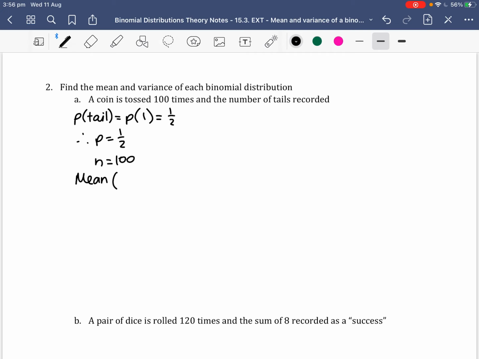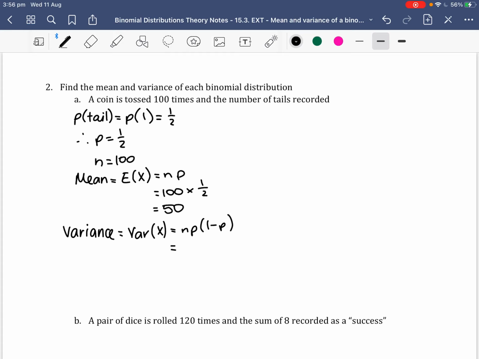So the mean, which is E(X), is equal to np, which equals 100 times a half, which equals 50. Our variance, Var(X), is np(1 minus p). So this is 100 times a half, times (1 minus a half). So this is 50 lots of a half, which equals 25.